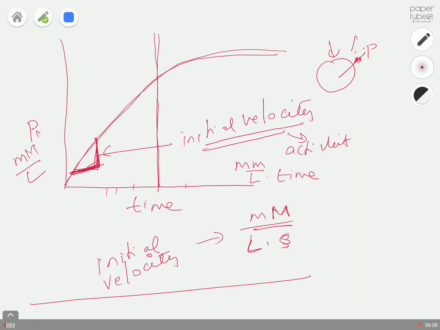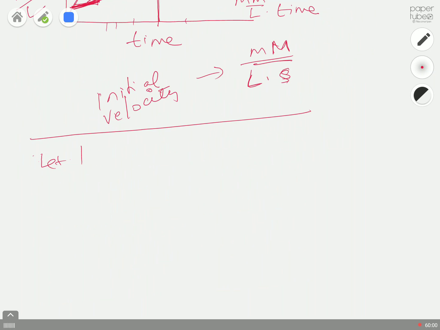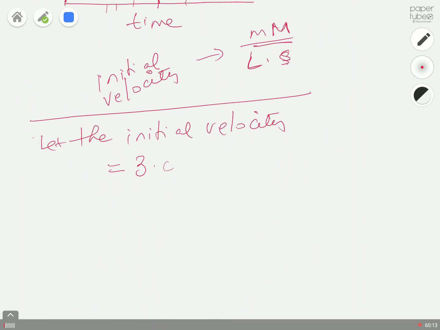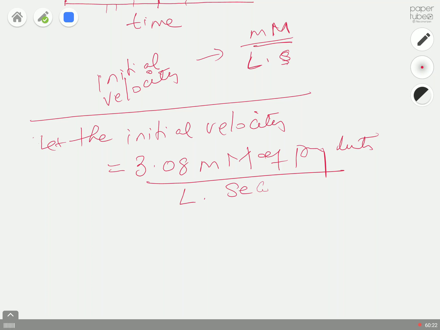Let the initial velocity, or you can even call it the reaction rate, be equal to 3.08 millimoles of product per liter per second.